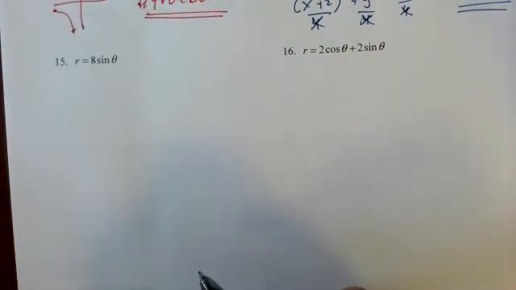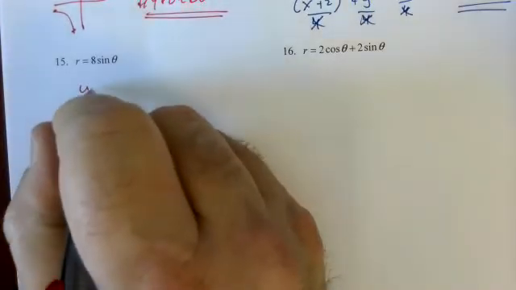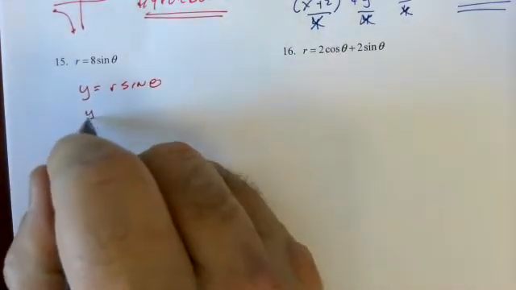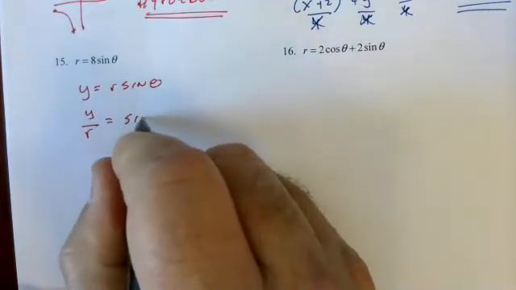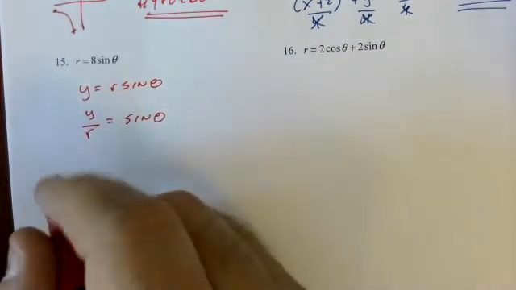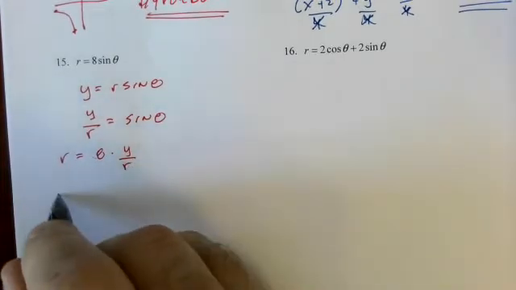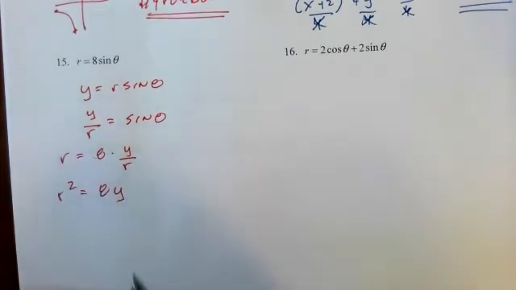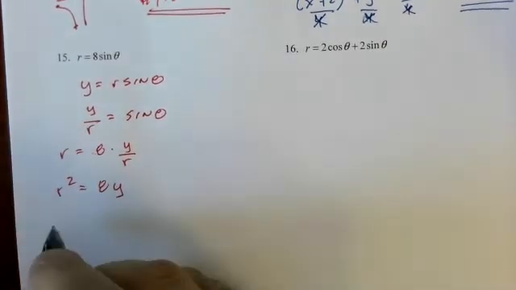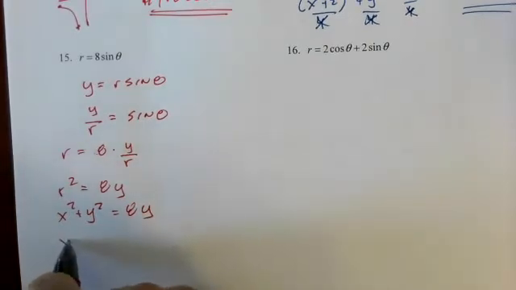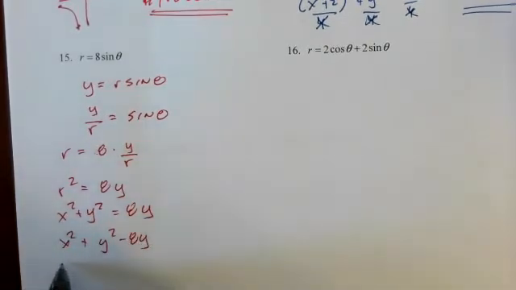r equals 8 sine theta. I know that y equals r sine theta, and y over r equals sine of theta. So 8 times y over r, times r, gives r squared equals 8y. And there we go. x squared plus y squared equals 8y. x squared plus y squared minus 8y, negative 8 over 2, negative 4.